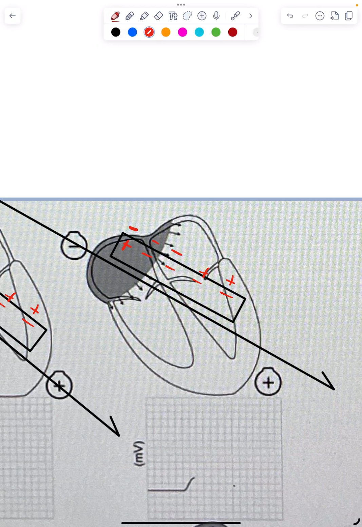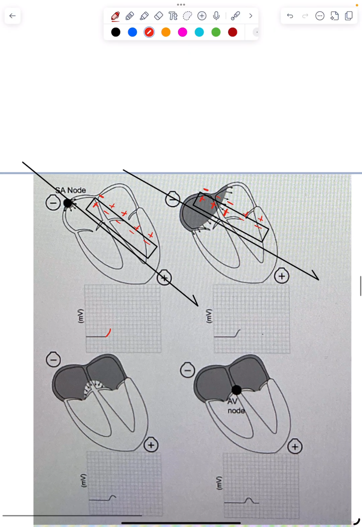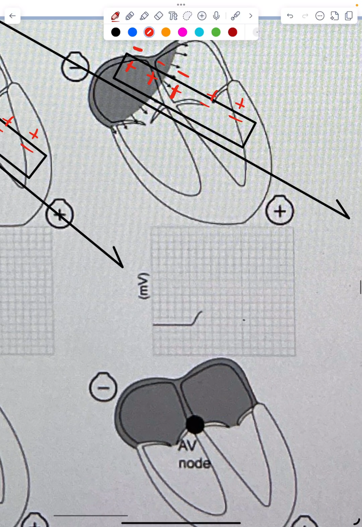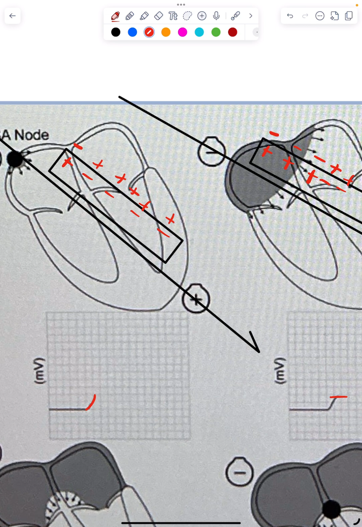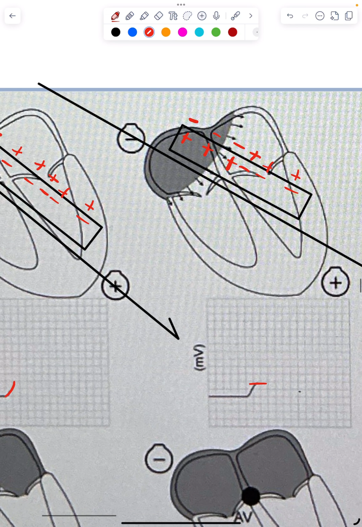Oh, negative, negative. We're still depolarizing. And at this point, we're going to see the highest peak because I just added that because I needed to in order for my analogy to make sense. We have 3 negative on the outside and 3 positive on the outside. That's a perfect dipole moment. We're going to get our highest peak right here.